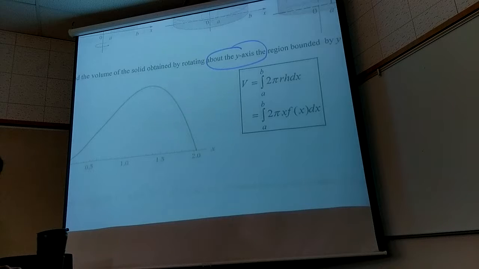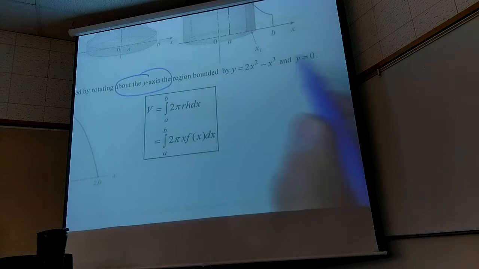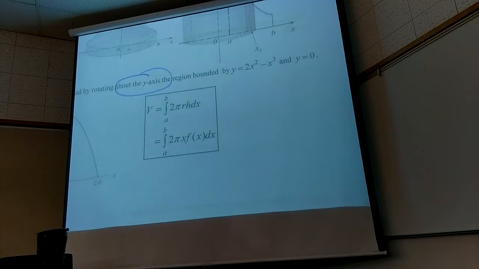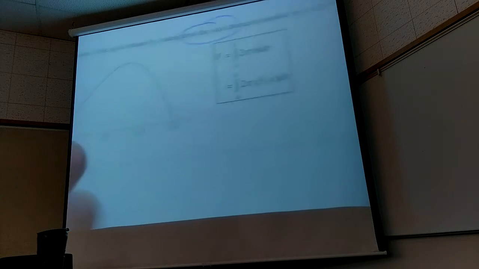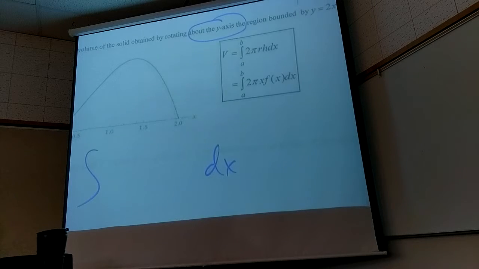Disk method is the one that goes right along: y-axis, I'll make it dy; x-axis, I'll make it dx. Shell method is like, oh, there might be trouble, I'll do the other one. So if you want to memorize this, disk is always the same, shell is the opposite. Disk would want dy, shells want dx. Why is that good? Because my function is a function of x that I can't make a function of y. So I want integral dx.